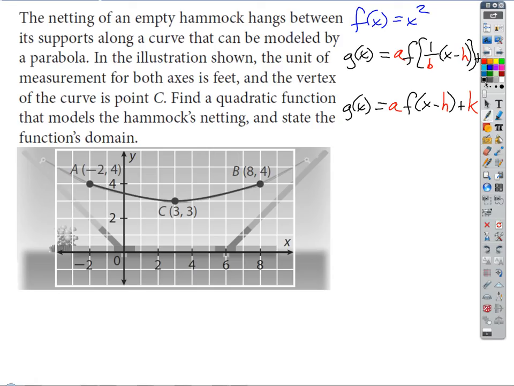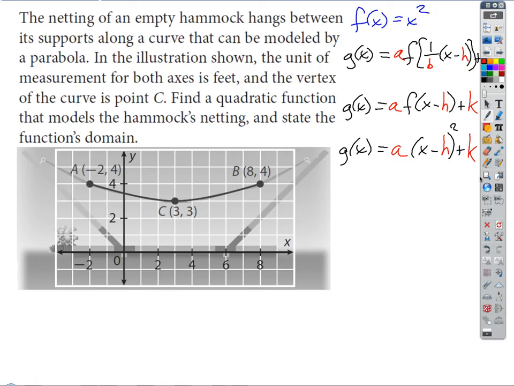So this is the exact function we're fitting. G of x equals a times f of x minus h, which is just x minus h squared plus k. Right? So what are they?